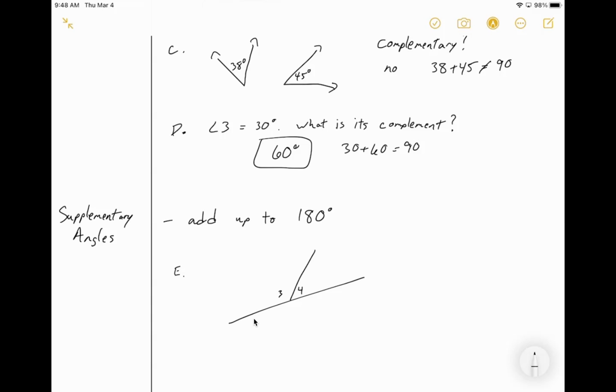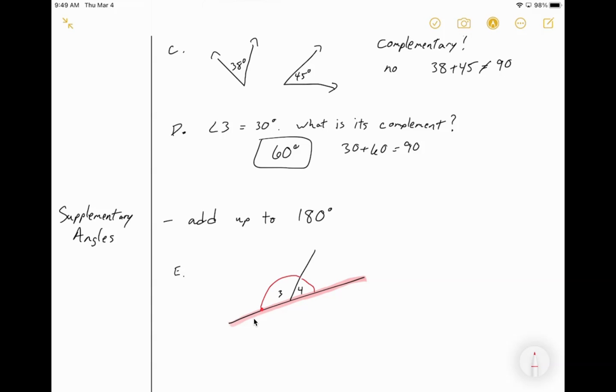Are these angles supplementary? Well, the question is, are they supplementary? You look for, again, the line. Together, they make a straight line. Another way I like to think about it too is if I'm walking from here to here, angle 3 will get me this far, angle 4 will get me the rest of the way.